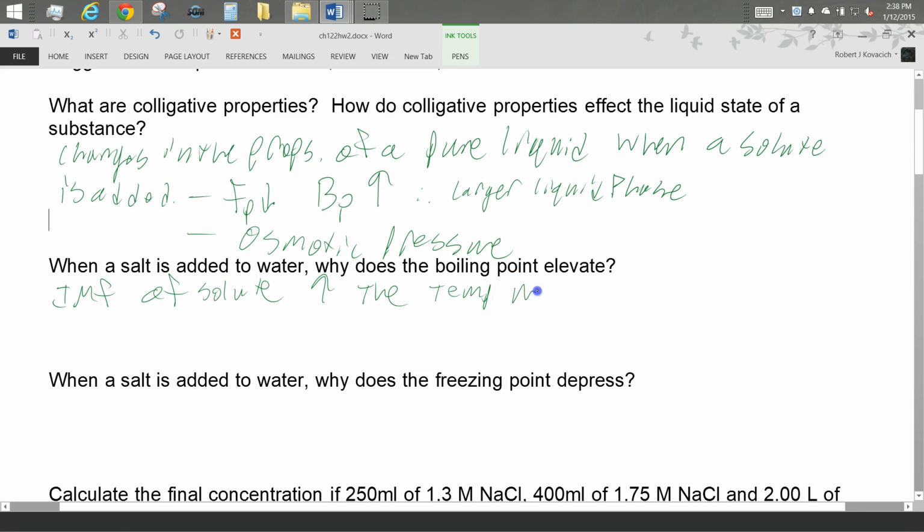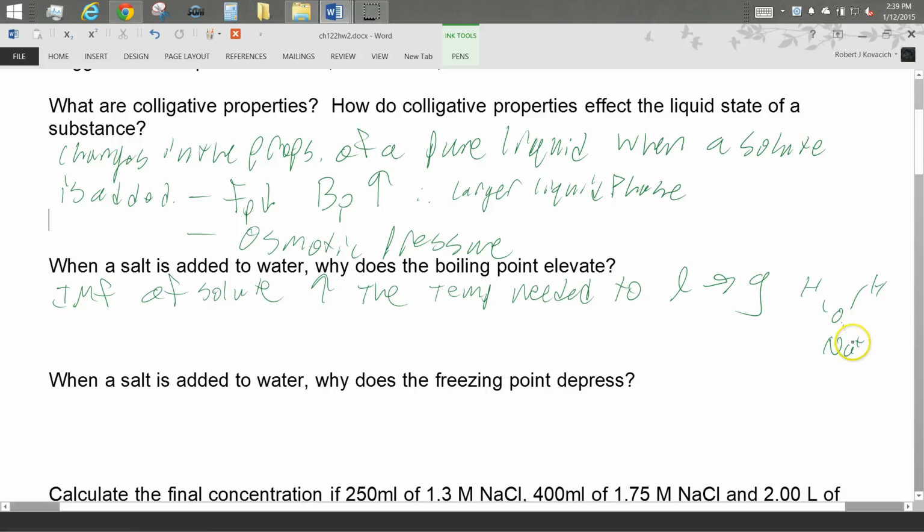Increase the temperature needed to go from the liquid phase to the gaseous phase. So a quick little H2O and then a sodium with a positive charge, and that oxygen is very attracted to that sodium, much more so than the partial positive that you would find on another adjoining water molecule's hydrogen.